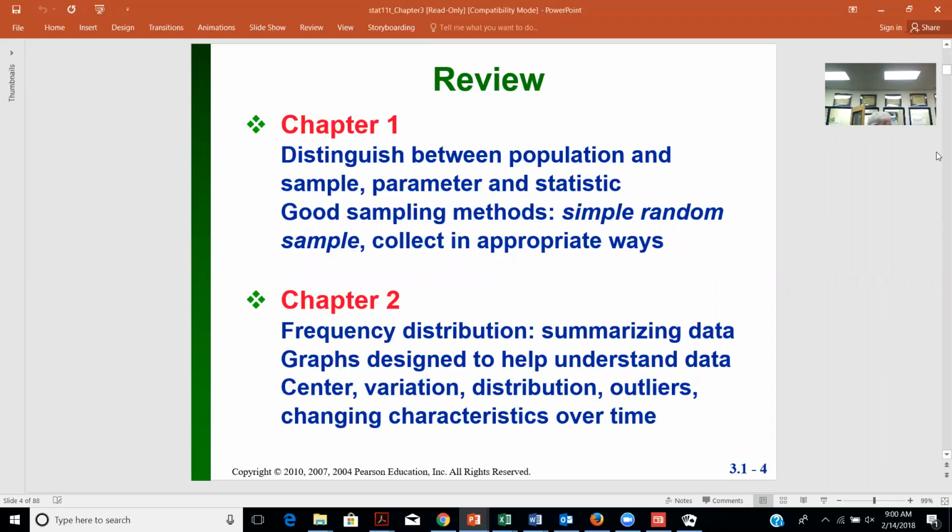And then we have random sampling techniques, where there are several different kinds of random sampling, one of which is a simple random, which is where every member of the population has an equal chance of being a part of the sample.